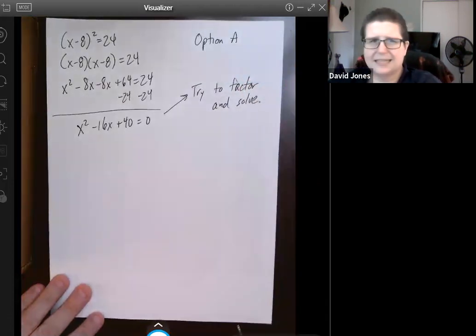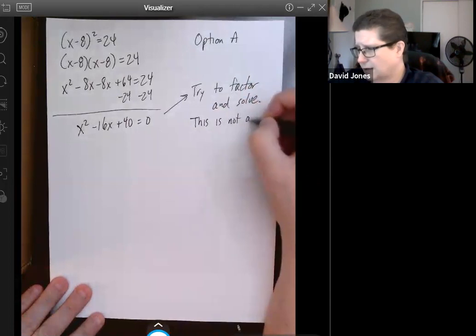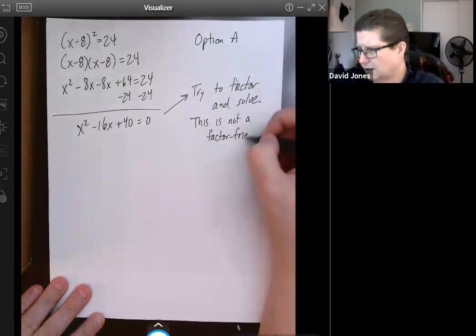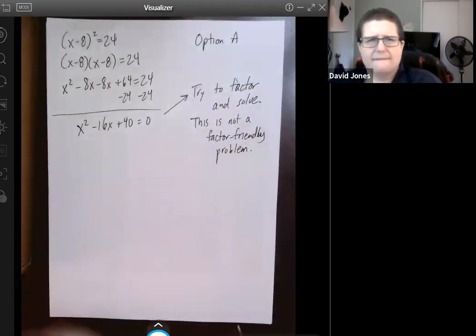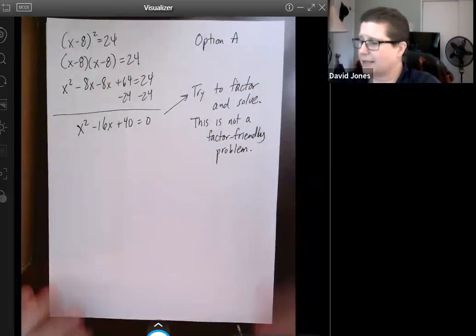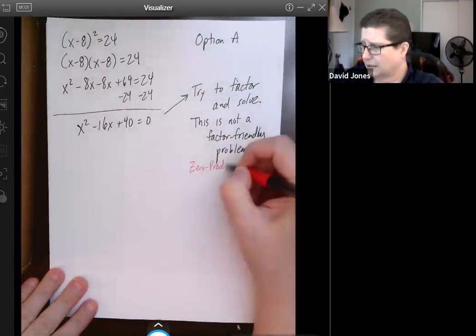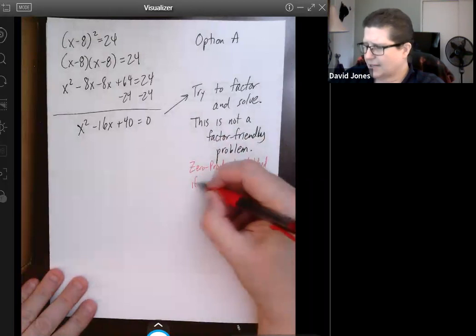You're going to find that this is not a factor-friendly problem. Factoring only works, there are factors, but the zero product method works a lot better if the factors are integers.